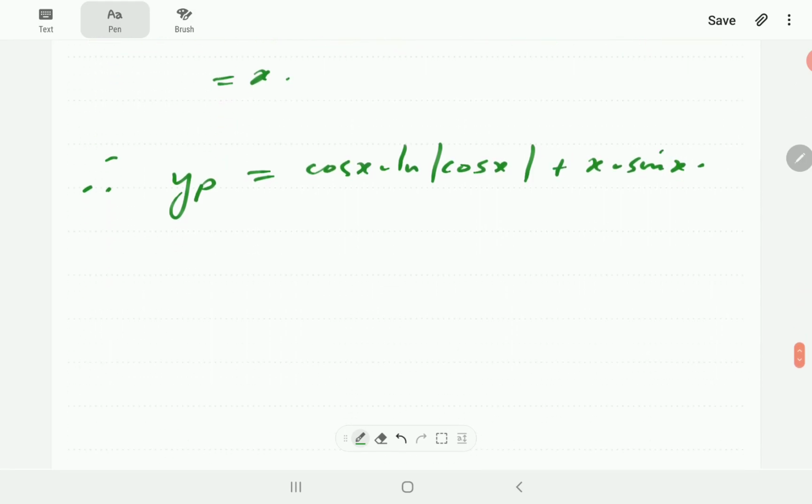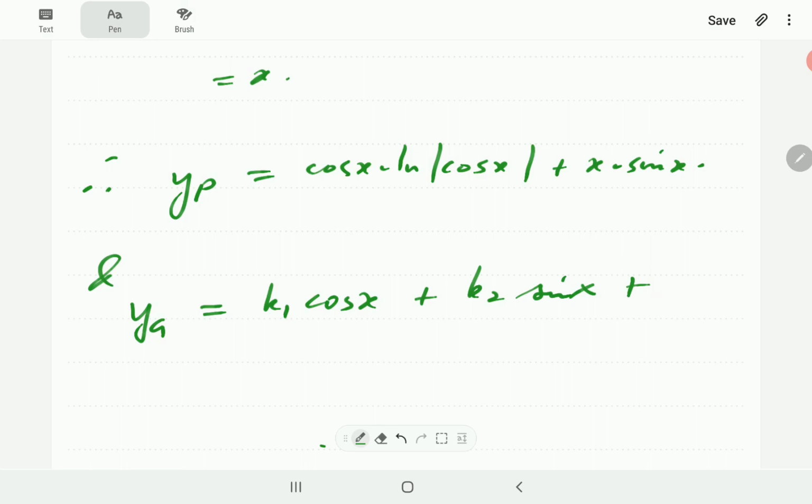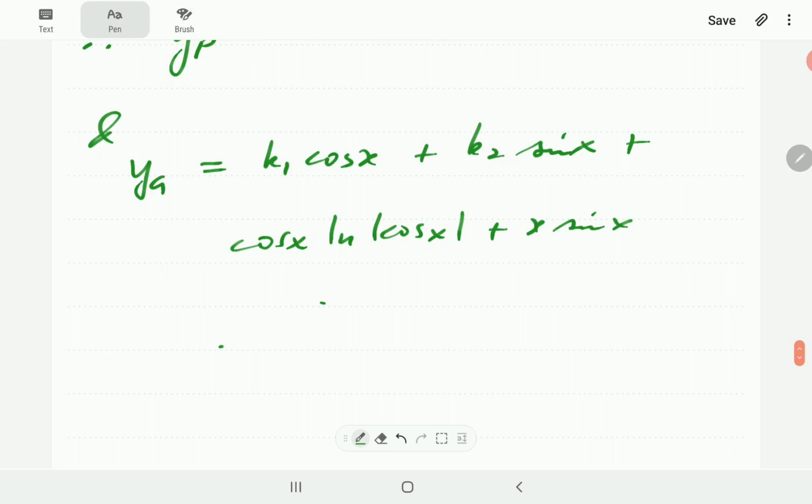So that's going to be our yp, and the general solution is then equal to k1 cosine x plus k2 sine x, plus cosine x times ln cosine x plus x times sine x.